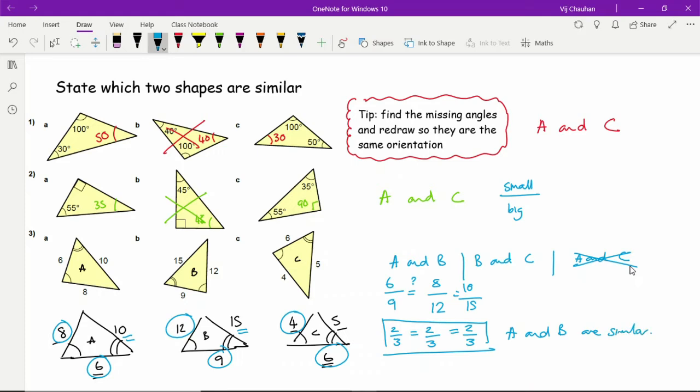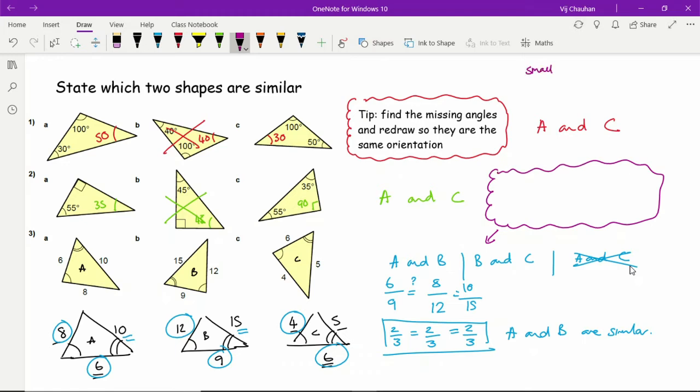Now if I did that with, let's say, B and C, so let me just create a bit of space by getting rid of this, and let's use a different colour. So for B and C, again I'm going to have the small side at the top and the big side at the bottom.